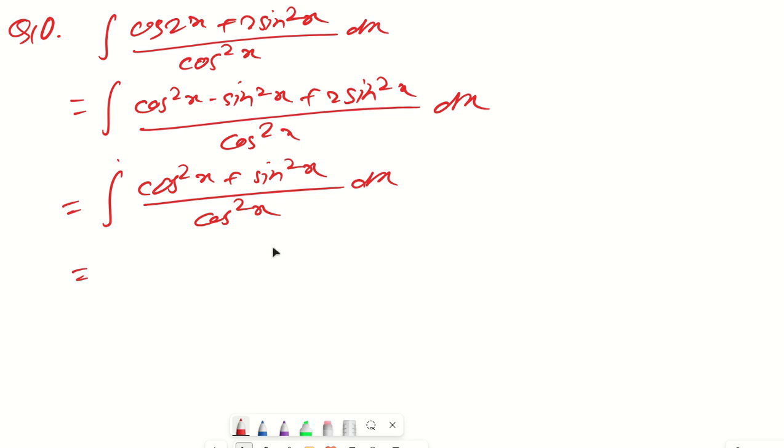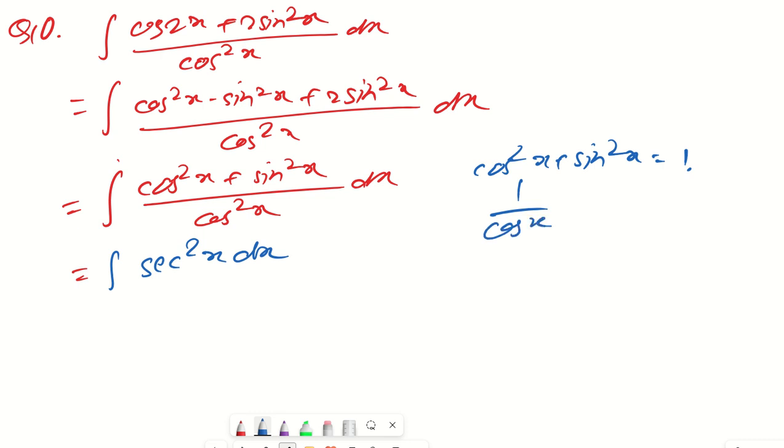So 1 by cos square x becomes sec square x, so I can write it down here as sec square x dx. Understood? Because cos square x plus sin square x is equal to 1, and 1 by cos x is equal to sec x, so 1 by cos square x becomes sec square x.